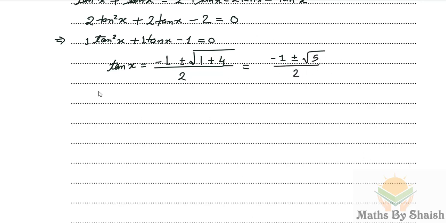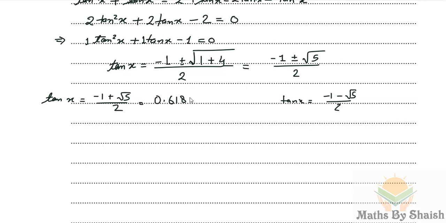So we got two values of tan x. One is tan x equals (minus 1 plus root 5) over 2. Another is tan x equals (minus 1 minus root 5) over 2. So let's simplify these values from calculator. Minus 1 plus root 5 divided by 2 is 0.61803 and so on.